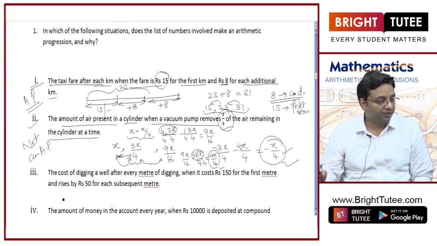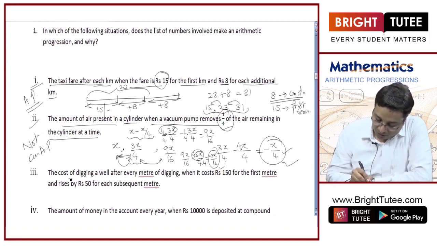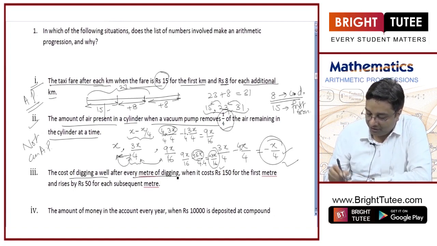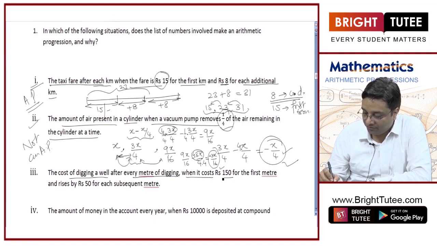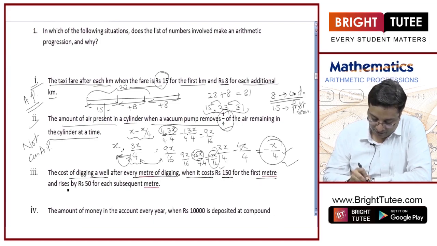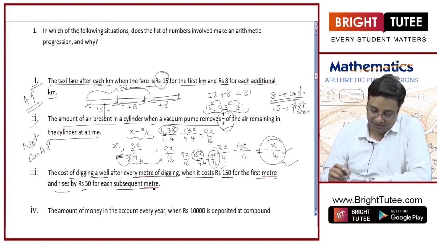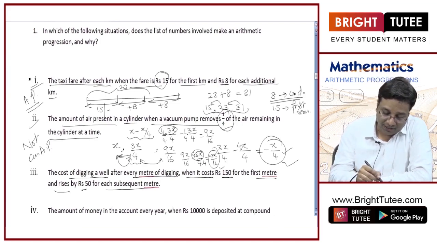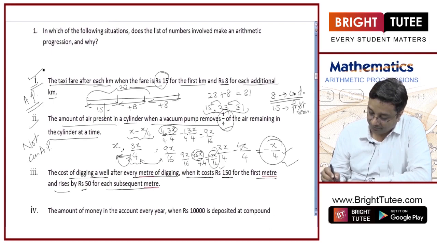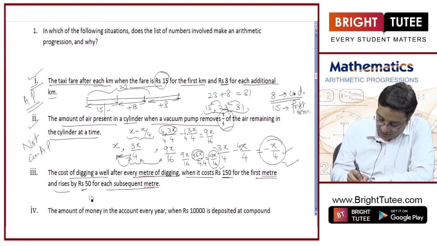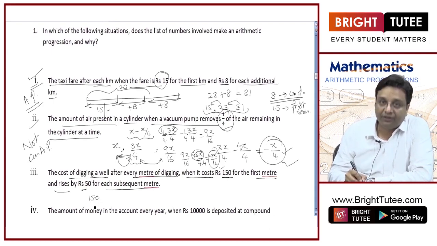Let's discuss subpart 3. The cost of digging a well after every meter of digging, when it costs 150 for the first meter and rises by 50 for each subsequent meter. This is a similar question to subpart 1, where for the first meter it was 150.